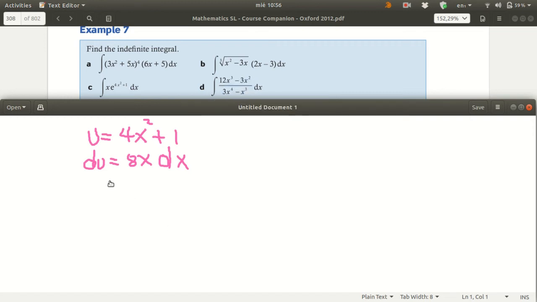So we have the expression x e to the power of 4x squared plus 1 dx. But we need 8x, not just x. So a simple solution is to multiply by 8x e to the 4x squared plus 1 dx.